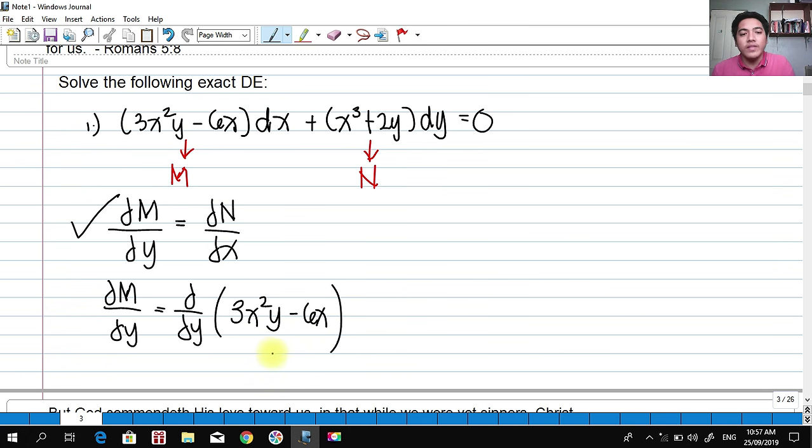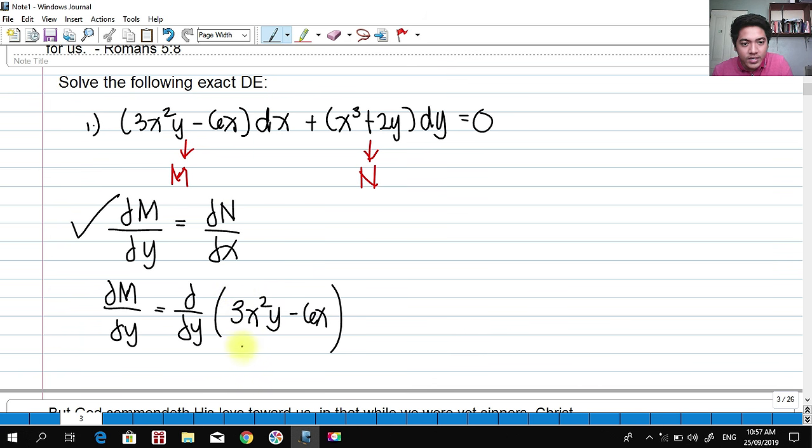Take note that this is a partial derivative, so if we differentiate with respect to y, we treat other variables aside from y as constants. So all of the other variables other than y are constant.